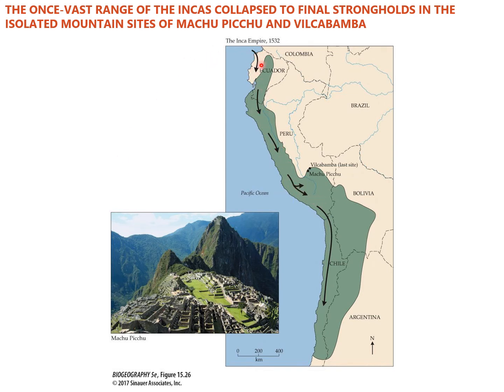So basically they had this entire area and collapsed to these very isolated areas where they were able to remain hidden from the Spanish conquistadors. But that's a very similar sort of thing, and if you consider the geographic range of this empire, then that is very characteristic of a range collapse scenario.